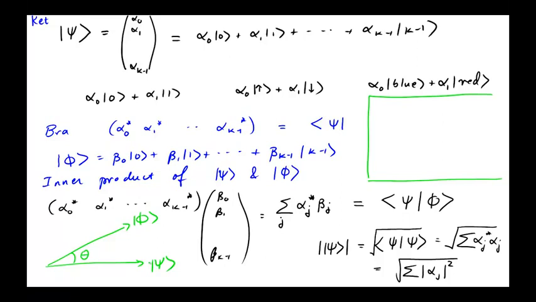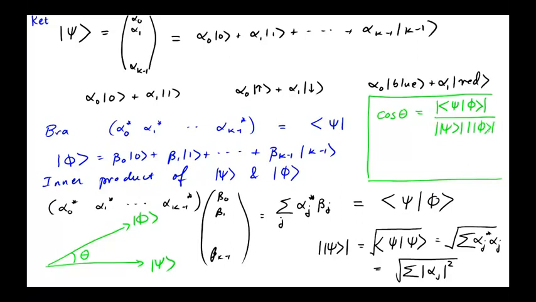But of course you have to remember that in general this inner product is going to be a complex number, so to make sense of what the angle means, we could define theta such that cosine theta is the magnitude of the inner product between psi and phi, divided by the length of psi times the length of phi.